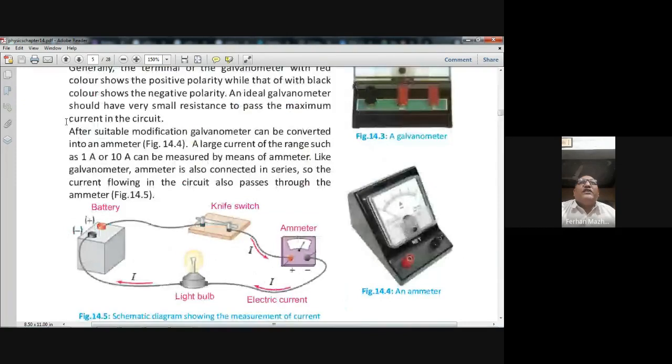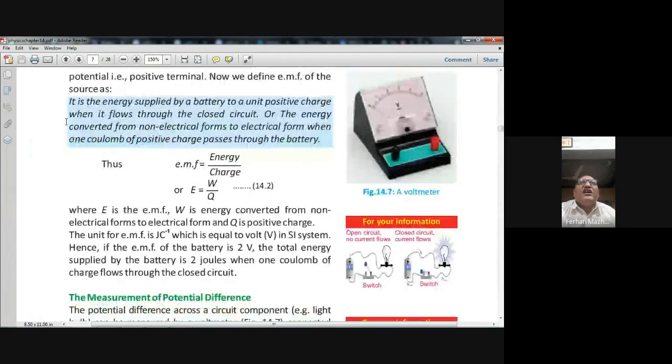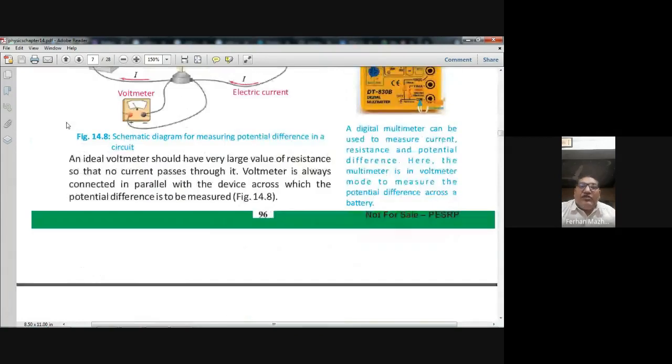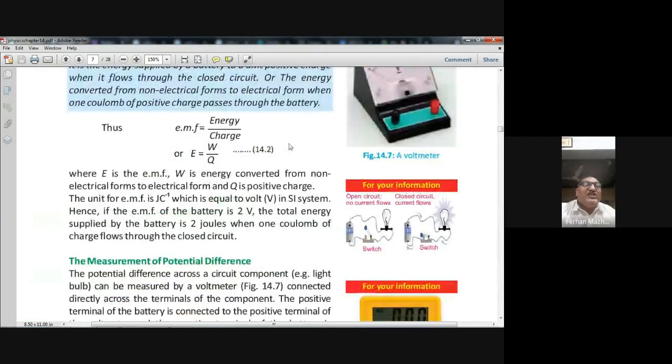The formula for the potential difference is also energy divided by charge. The formula for the EMF is also energy divided by charge. Remember, energy is measured in joules and the charge is measured in coulombs. The potential difference or the EMF, the unit used for them is volt, V. And this is a very frequently asked MCQ.